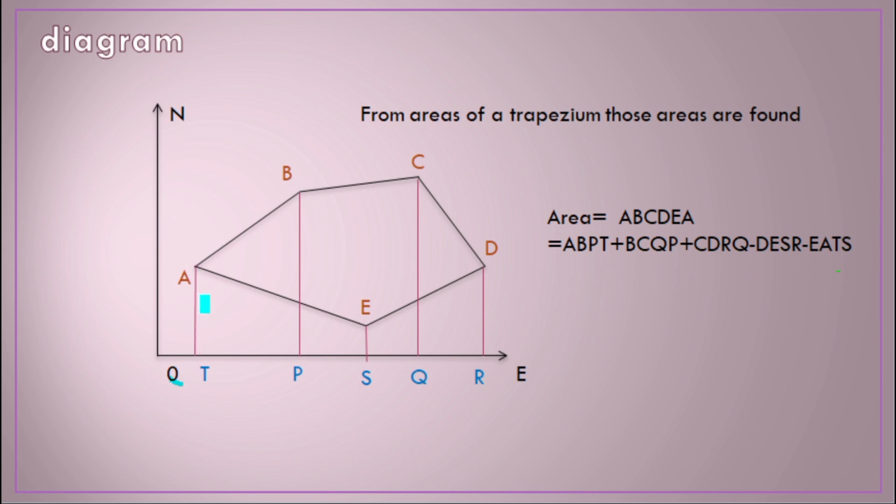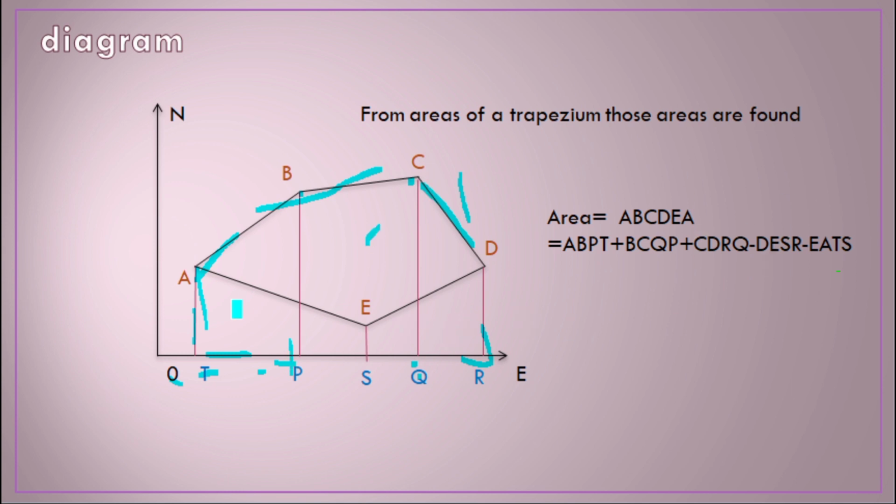So the area is equal to this trapezium plus this trapezium B, C, Q, P, then plus the last trapezium C, D, R, Q. These are the total of the trapeziums, and as you can see, the trapeziums are going up to the bottom of the diagram, but our diagram is only found on the upper section, so we have to subtract the others.